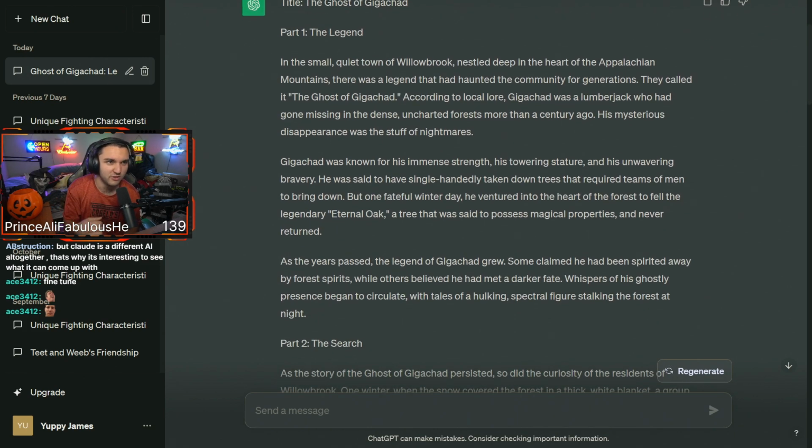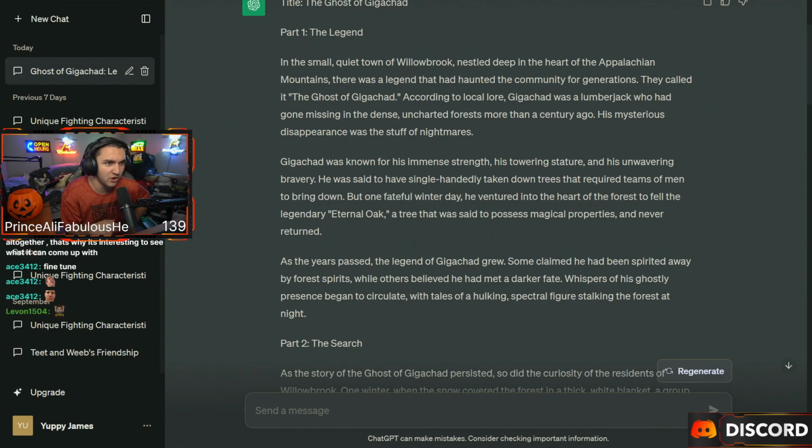GigaChad was known for his immense strength, his towering stature, and his unwavering bravery. He was said to have single handedly taken down trees that required teams of men to bring down. But one fateful winter day, he ventured into the heart of the forest to fell the legendary eternal oak, a tree that was said to possess magical properties and never returned.